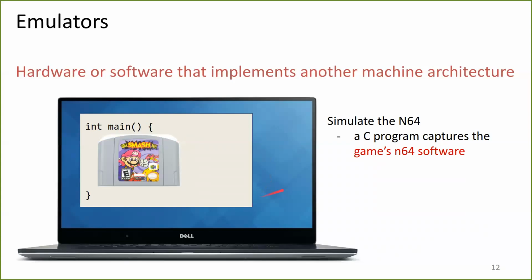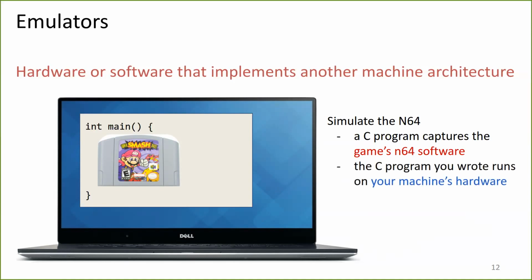If I run this C program, I want to see a window pop up on my screen, maybe over here, that makes me think I'm playing this game just as if this was a TV screen hooked up to a real N64. In order to make that window pop up, I need to run my C program, and the program will be executing on my laptop's hardware. I don't need a physical N64 at all.